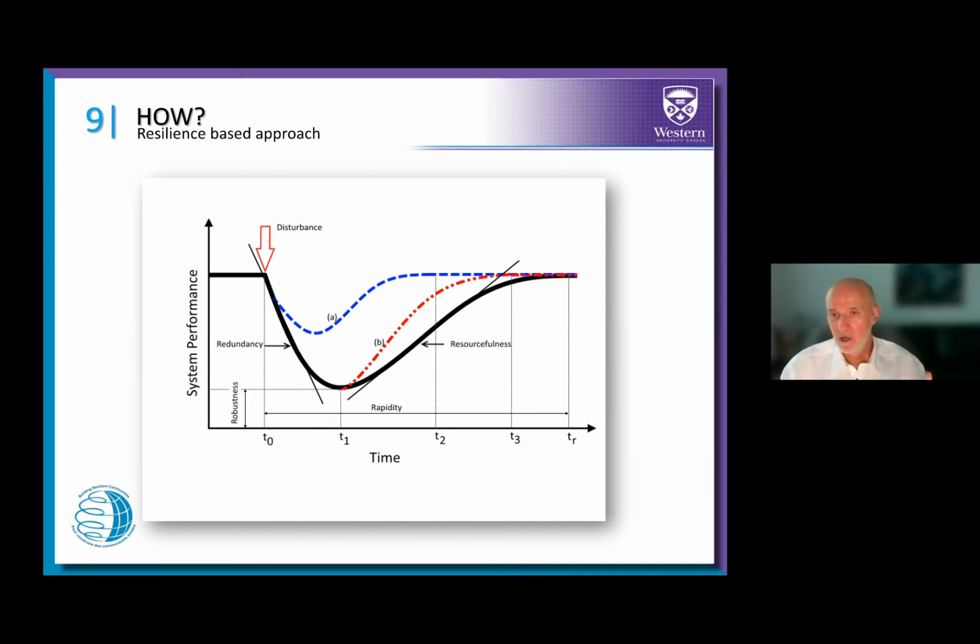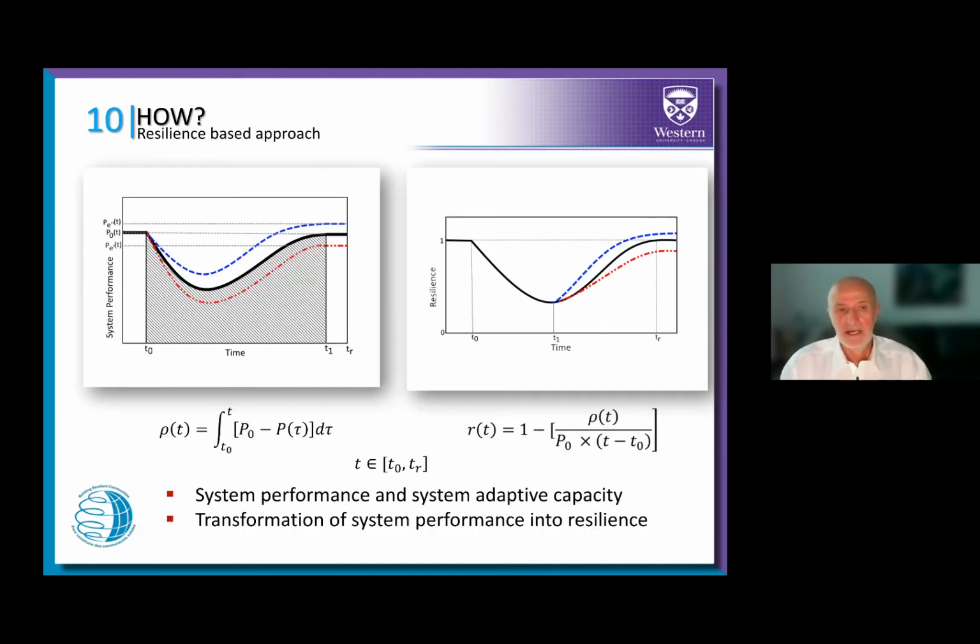And that's the concept that we used as a basis to quantify resilience. Simply, if this curve is picking up the performance of the system under a disturbance like a flood, then this white area is representing a loss of performance, and the shaded area represents the remaining performance.